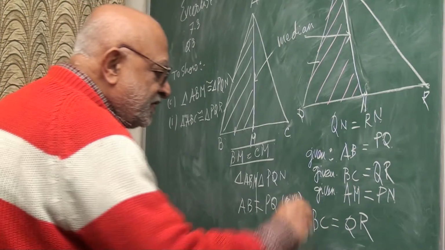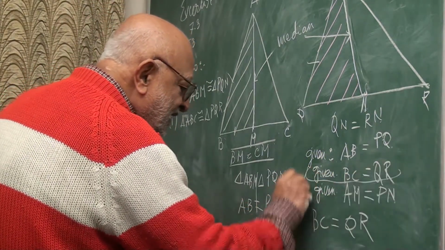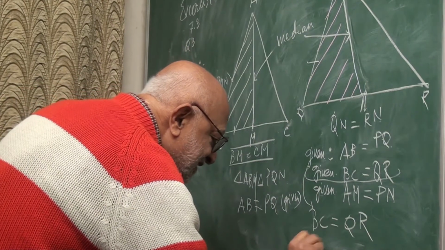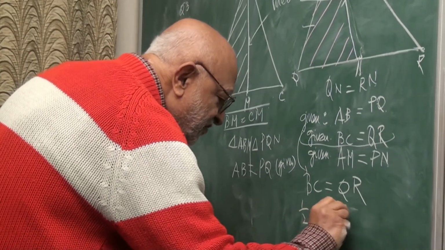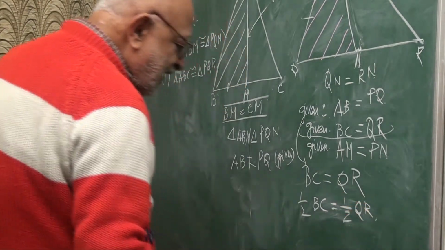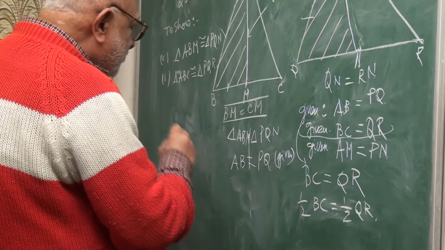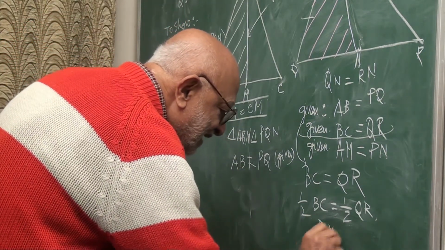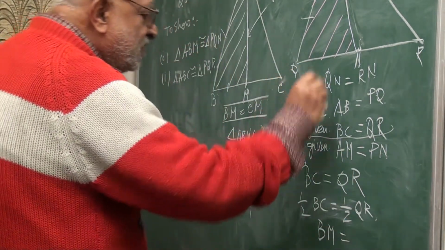I will divide it by 2. So half BC is equal to half of QR. Okay, half of BC will be BM, and half of QR will be QN.